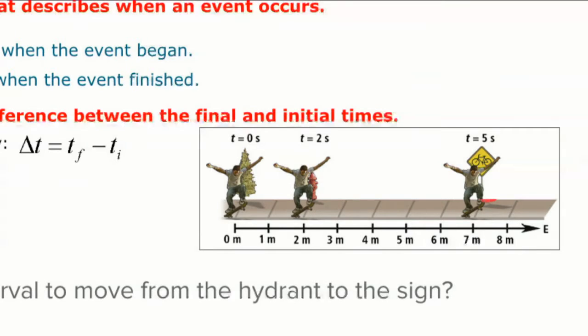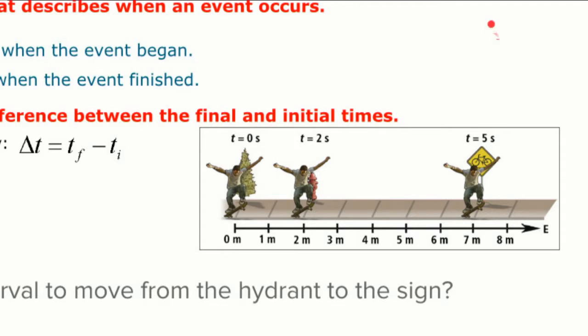But what you're actually doing is you're taking the final time, 5 minus 2. Sorry, Taylor. You're taking the final time, which is 5, minus the initial time, which was 2. So 5 minus 2 gives you 3. So the event took 3 seconds.